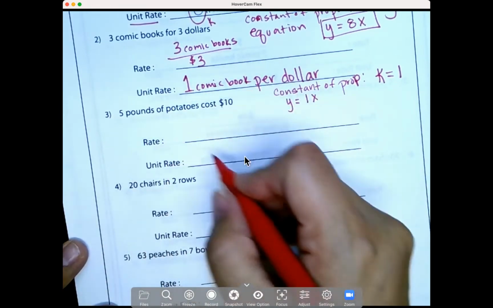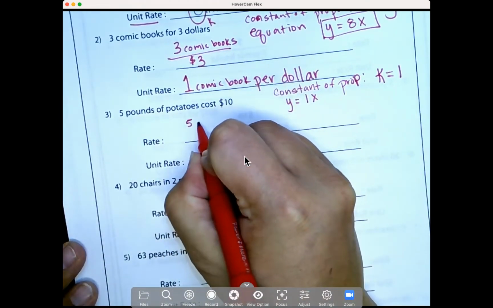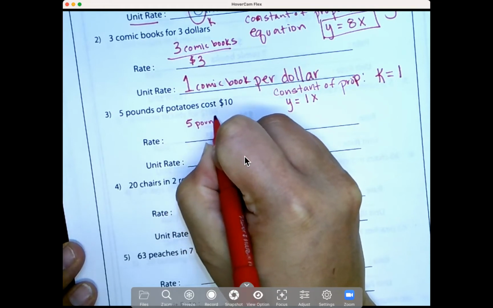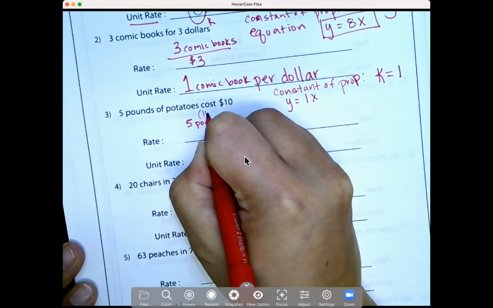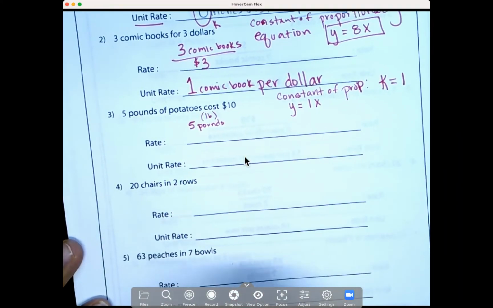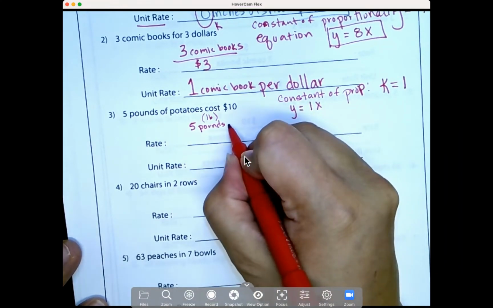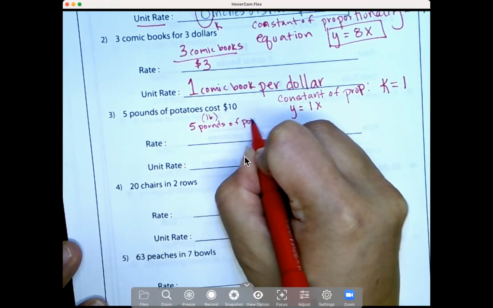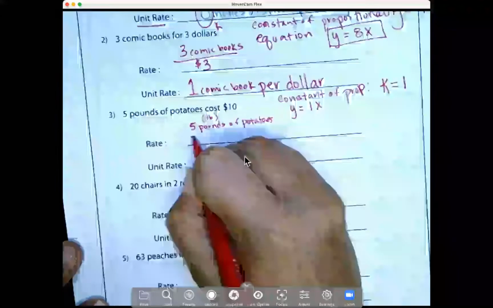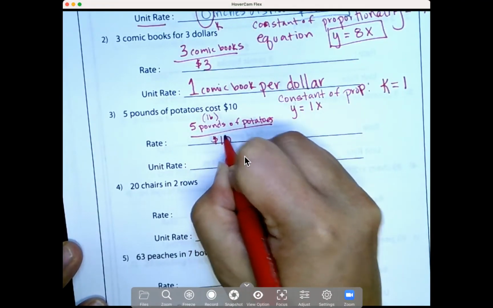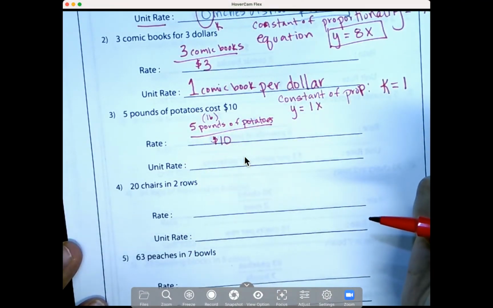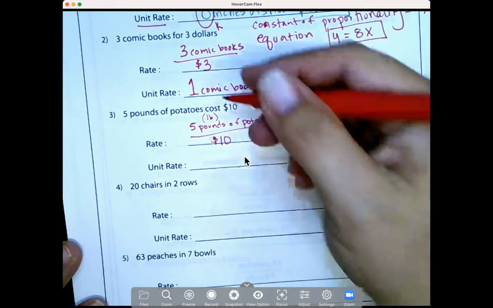Okay, so I would say my rate would be 5 pounds of potatoes for $10. You might also go over the abbreviation LB as pounds because some students don't understand that. Right?